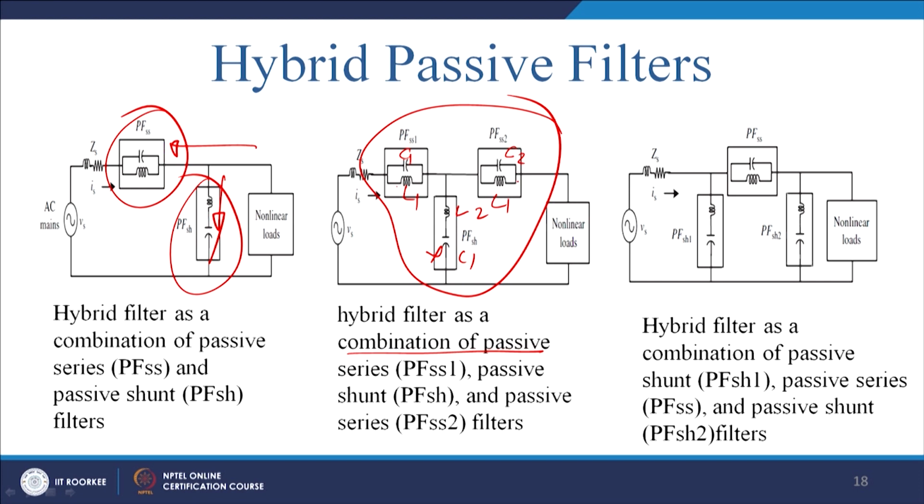Inside it, this can provide high impedance for, let us say, the seventh harmonic. This can provide high impedance for the fifth harmonic individually, and moreover these combinations, L1, L2 and C1, can be a sink for the fifth harmonic.